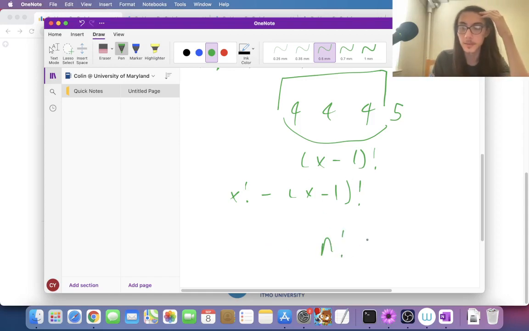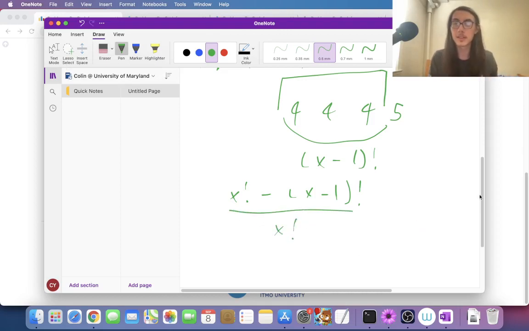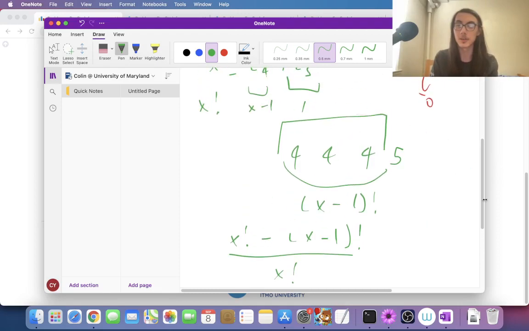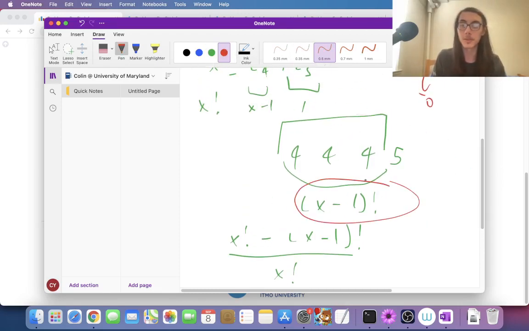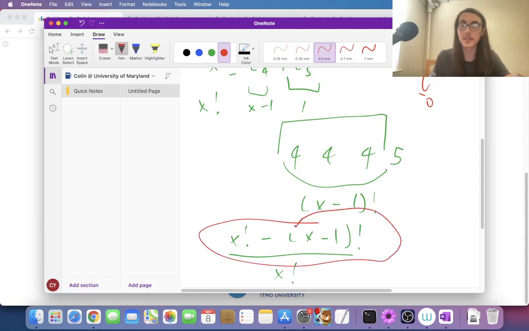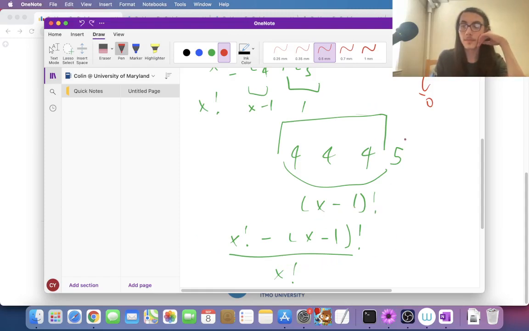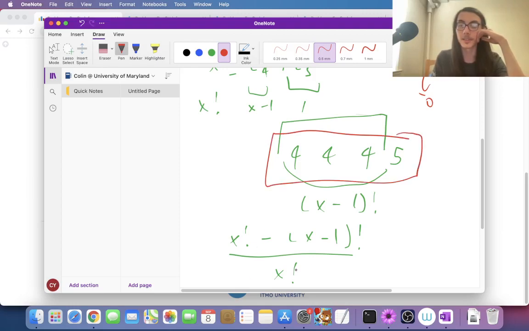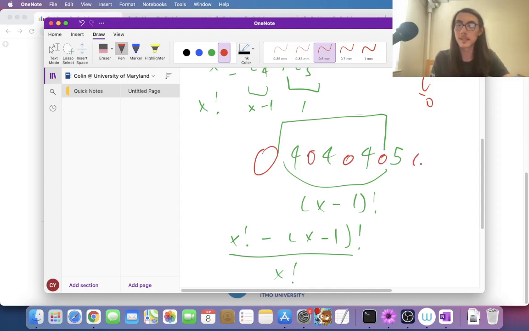So we take n factorial, then essentially the ratio of permutations that work is this. Because there are x factorial permutations of this in total, but a certain amount of them don't work. So these are the only ones that do work. So if these were the only elements, this would be the answer. This is the ratio of permutations that work. But we have all the other elements, but really it's sort of the same idea, that of all the permutations, these guys kind of don't matter.